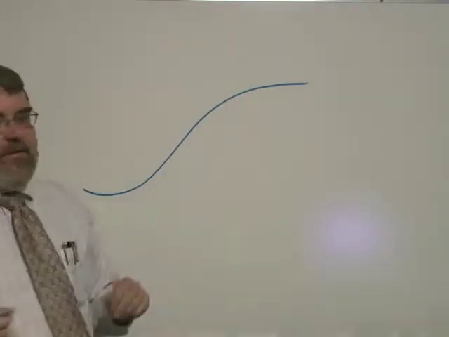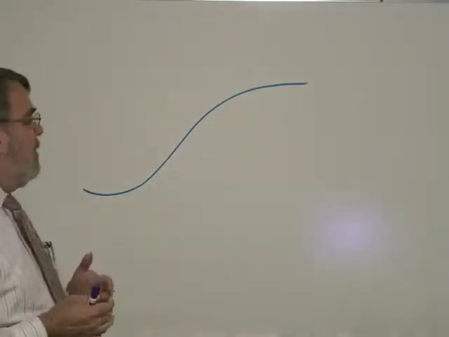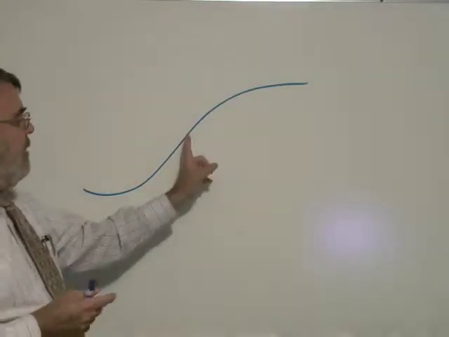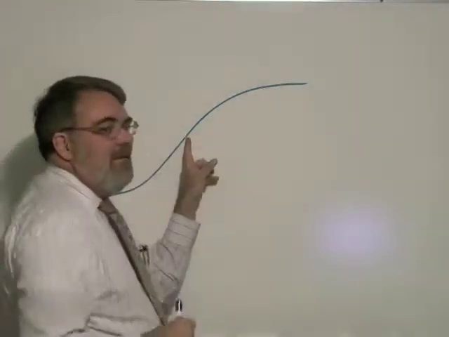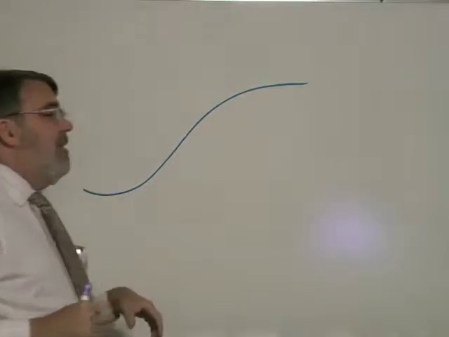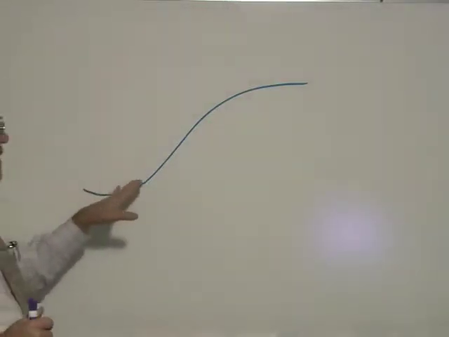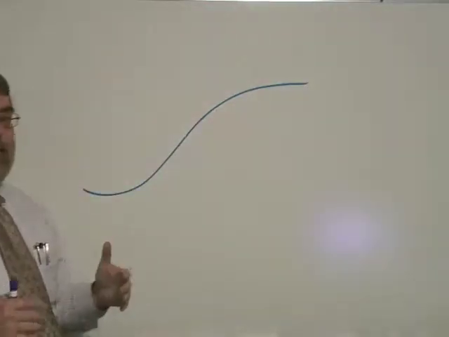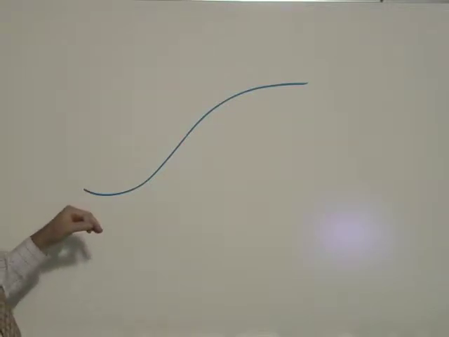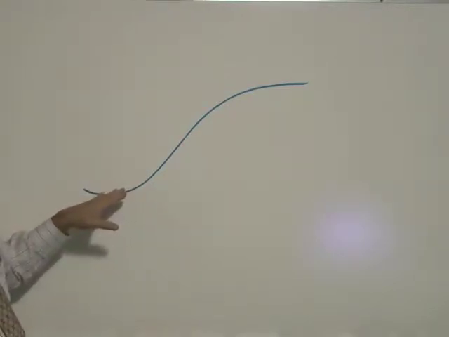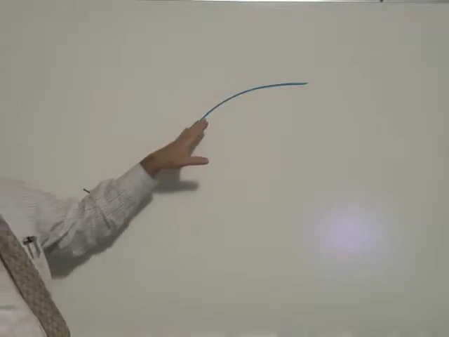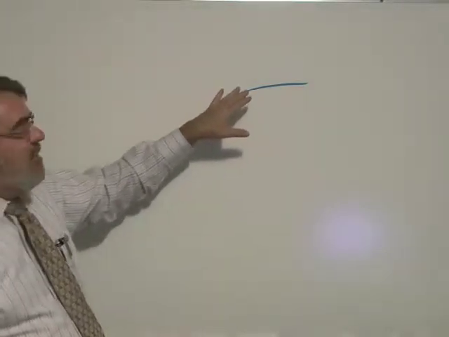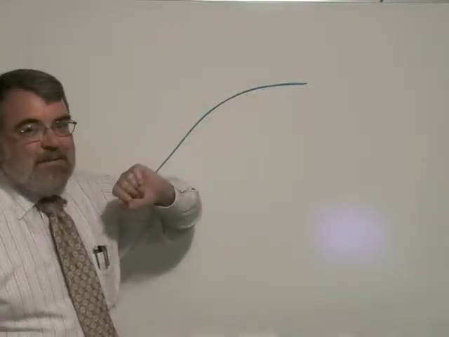And you see this in various areas. For example, if you were studying the learning curve, it starts here and goes up and levels off. If you're studying the spread of an epidemic, it would tend to follow a logistic curve if there was no intervention. Because few people have the disease at the beginning, but then it picks up steam, and then when there are few people left to get the disease, the number tapers off.